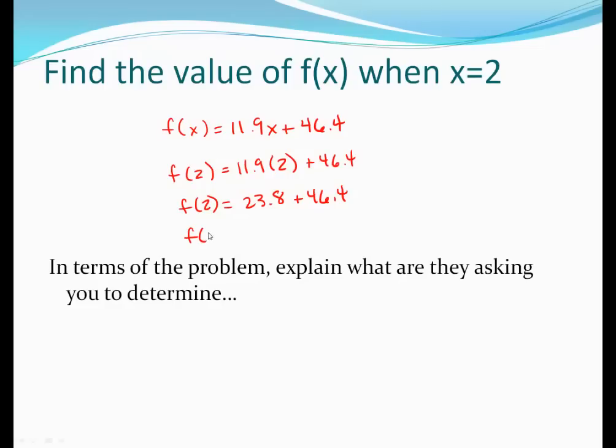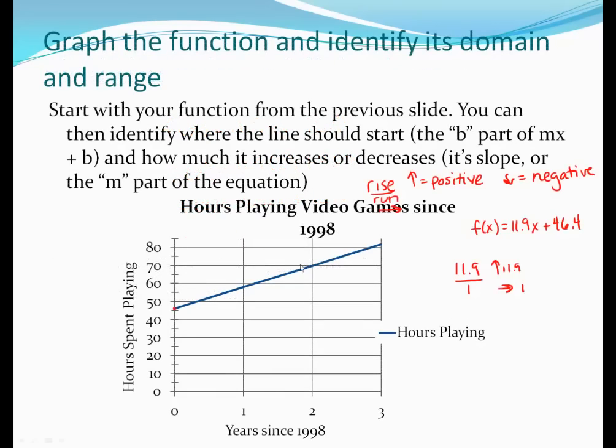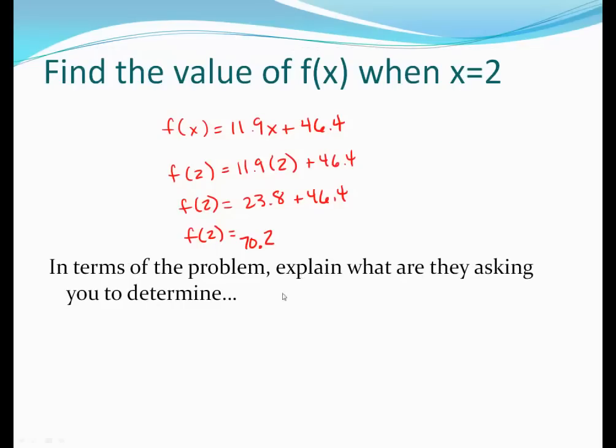So when the domain is 2, because remember, x is the domain, we're at 70.2. And that pretty much matches up with what we have right there. We're right at about 70. So as far as what they're asking you to determine, it's been 2 years since 1998. So in the year 2000, people are playing video games an average of 70.2 hours per year.